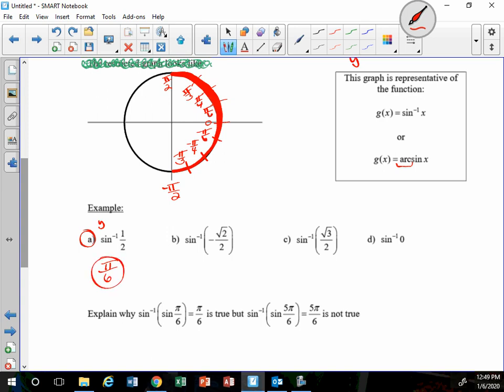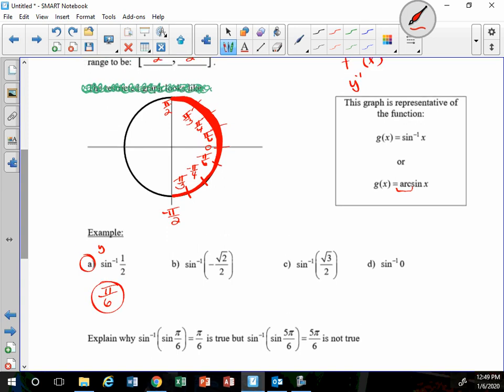If you want to, you could go ahead and label all your coordinates here. You guys remember this? √3/2, 1/2, √2/2, √2/2. So that circle and all those values that I keep telling you, you need to know them.